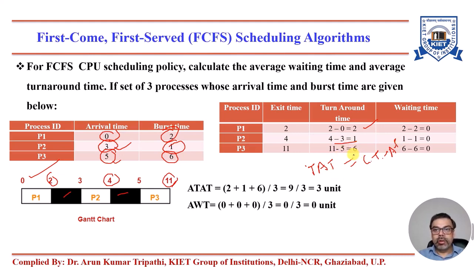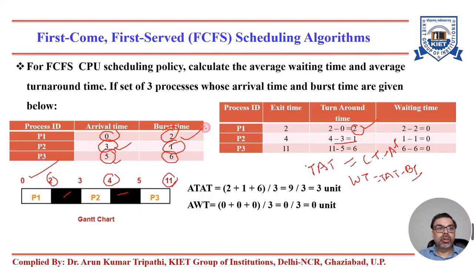Now calculating the waiting time for process P1. Waiting time, as I have already discussed, is the turnaround time minus burst time. So turnaround time for the process P1 is 2 minus burst time.